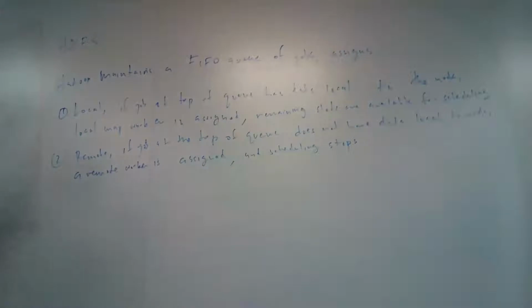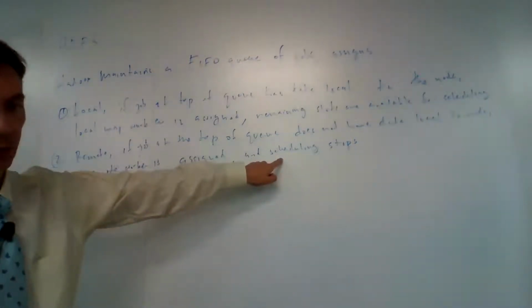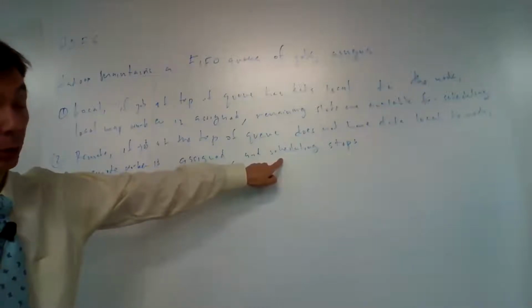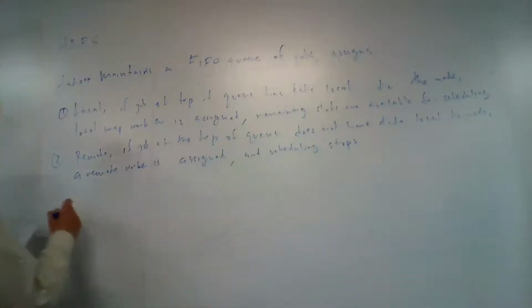So you can see that in this default configuration, there's a problem. And the problem is that if you assign a remote worker and hold off scheduling until that remote worker is done, you're blocking all the other worker requests beneath you, even those that might be able to find a local slot. Okay, so that's a problem.